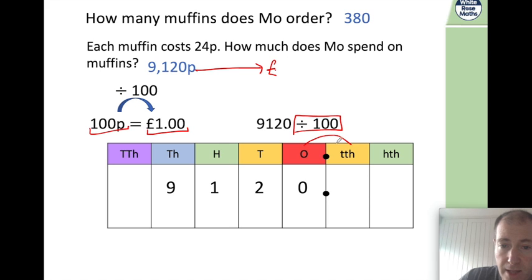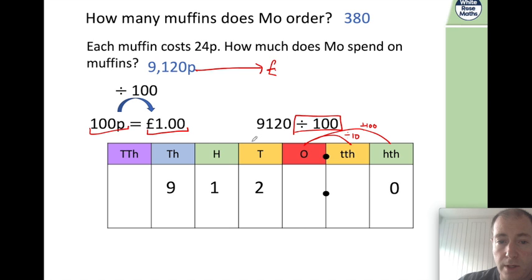So that's 10 times smaller, and from there to there is 100 times smaller. So let's move the numbers one at a time, 2 places to the right.